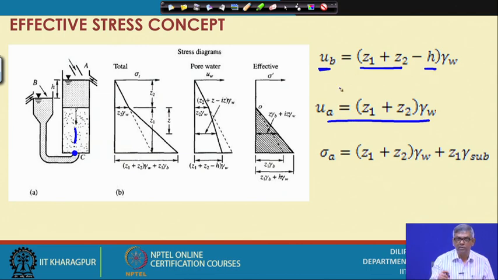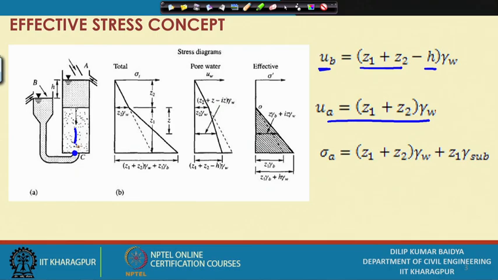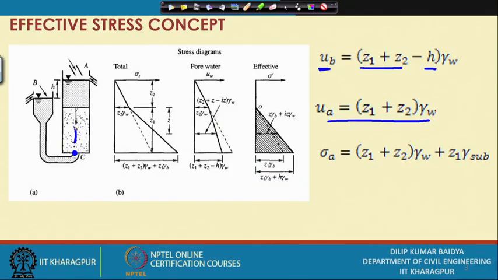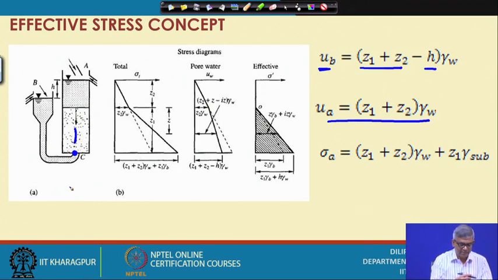So, it cannot be different; at equilibrium from both sides it has to be equal. How will it become equal? Because during the flow there will be loss of head, and finally from both sides it should be equal. That means you have to consider it equal here only. So, that will be equal to z 1 plus z 2 gamma w.